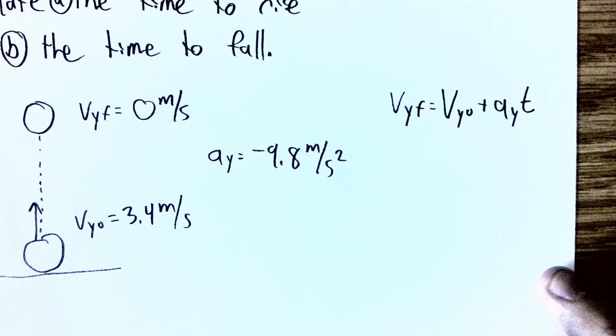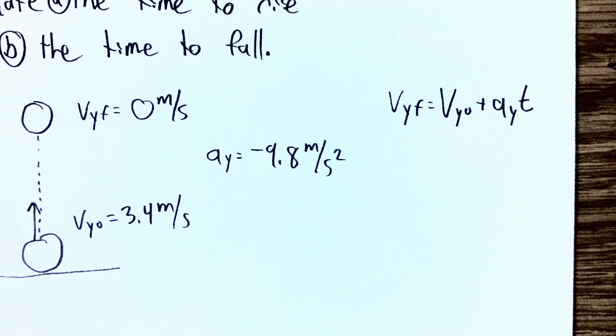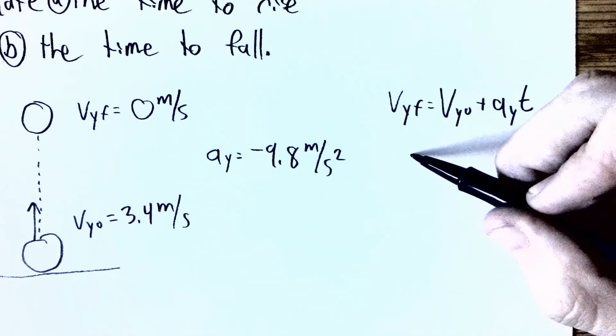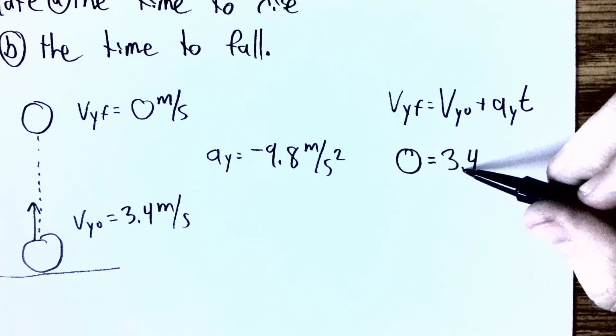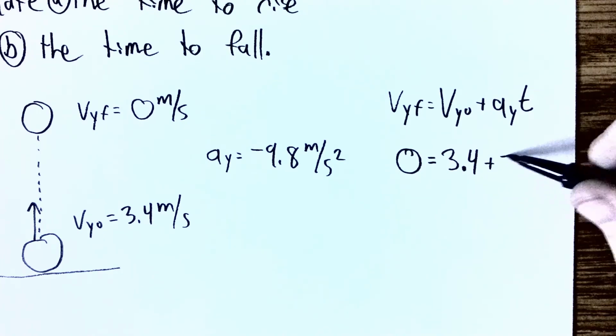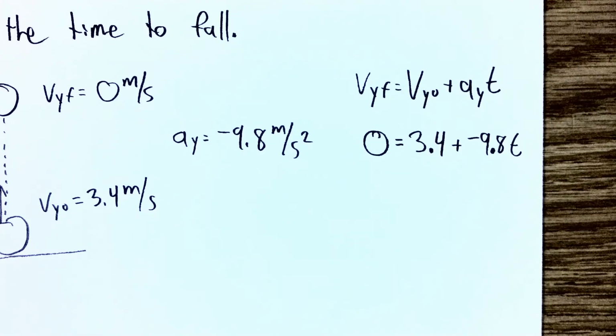Here's our equation. Vy final equals Vy initial plus Ay t. So 0 equals 3.4 plus negative 9.8 t. There's 2 different things I can do to solve for t here. What do I do first? Either one, really.